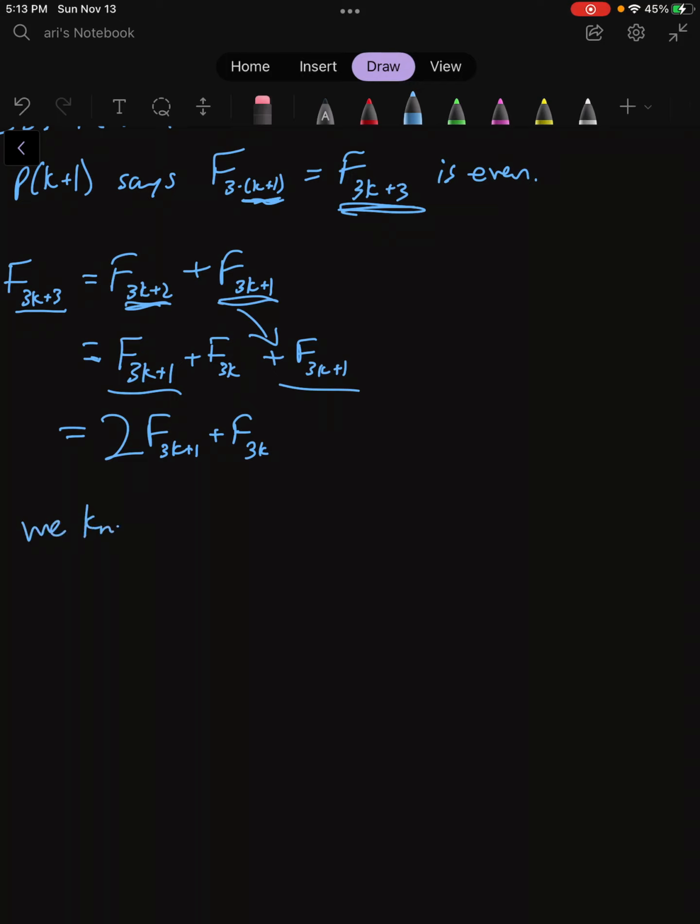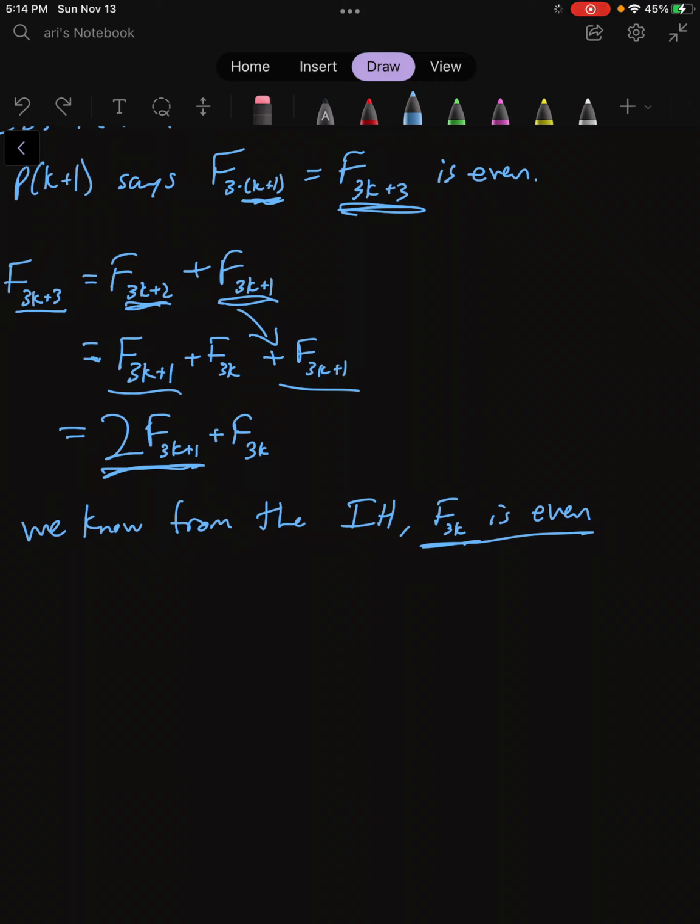And now we know from the inductive hypothesis that f of 3k is even. We could assume that it's even from the inductive hypothesis. And we know that 2 times anything is even. We know that f of 3k plus 1 is some integer, some natural number, so 2 times that is definitely going to be even.